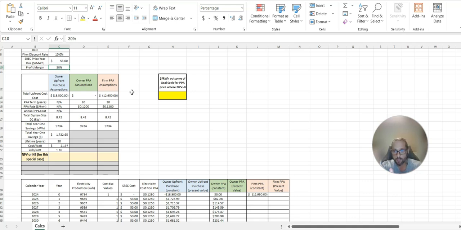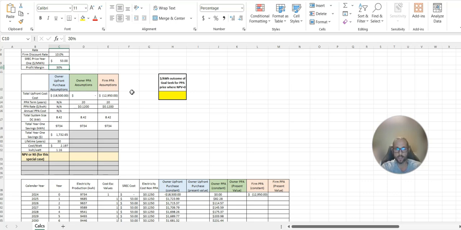Okay, so obviously you don't want a net present value of 0. You need to make money from the firm's perspective. So the point of this is not to say that this is what you would charge for a PPA. What it helps you do is think through the considerations of a PPA, and then you can start tweaking some of the different elements of this to make it acceptable for both parties.